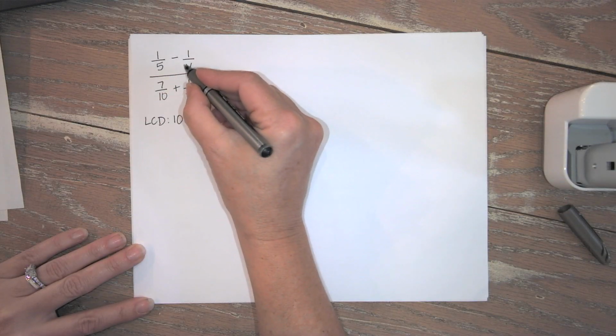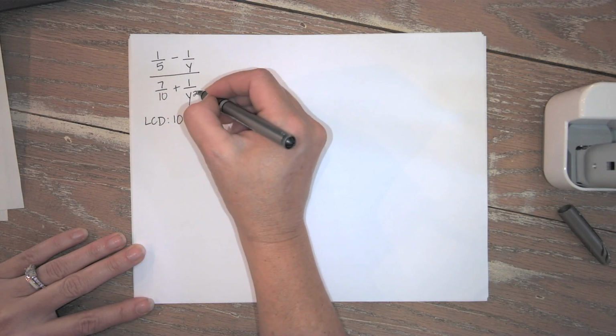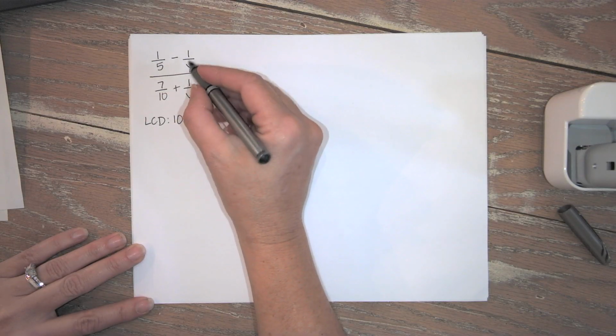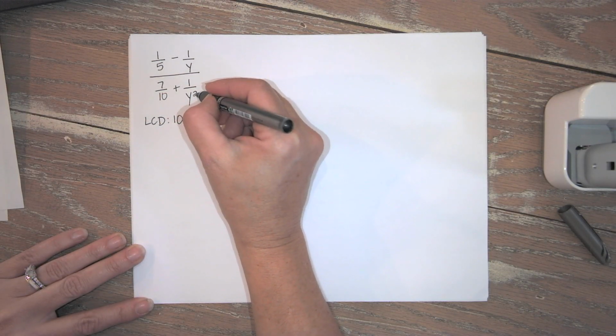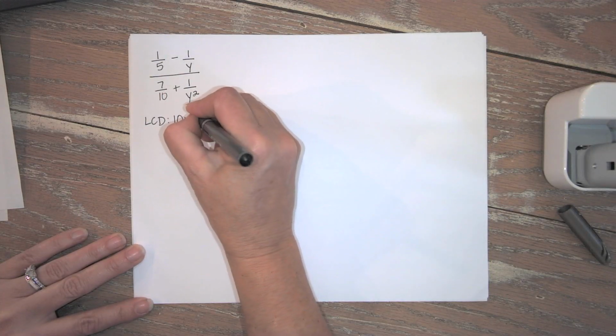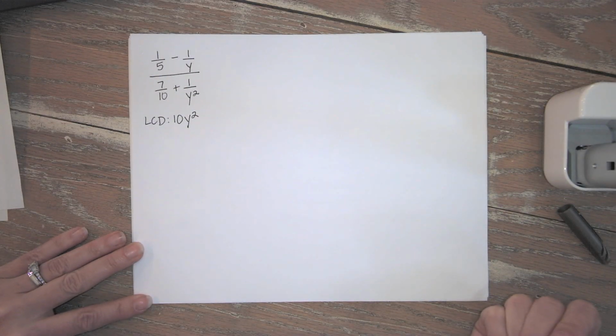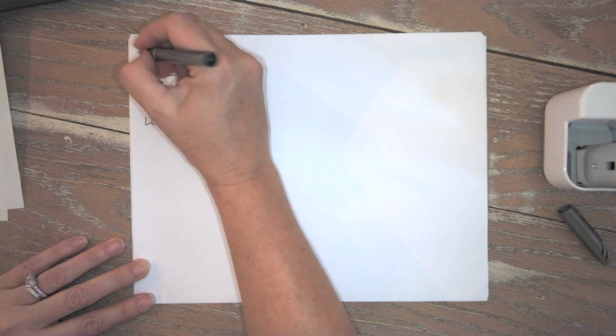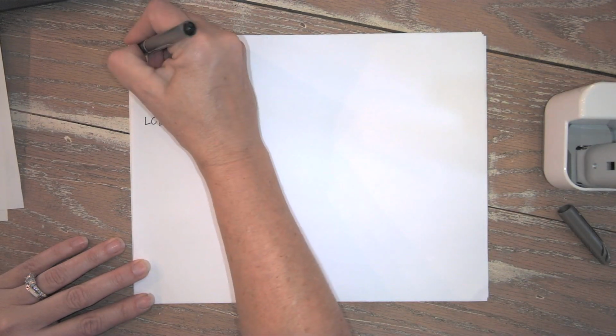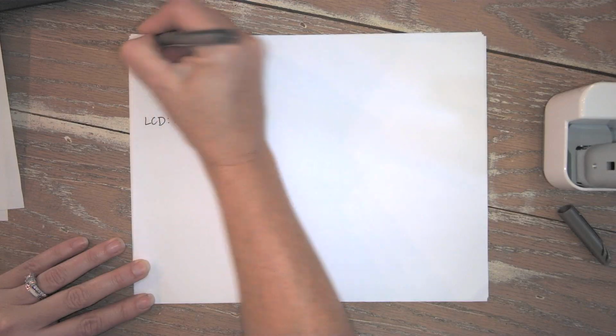When you have y's and y squareds and any y raised to a power, when you're finding your common denominator, you always want to choose the higher power to go in your common denominator. So we're going to need a y squared. So a 10y squared is going to be our common denominator. So I'm going to go through and I'm going to multiply everything by 10y squared.